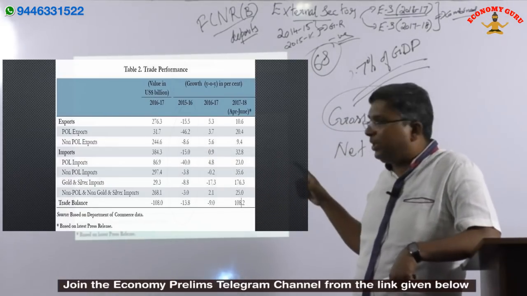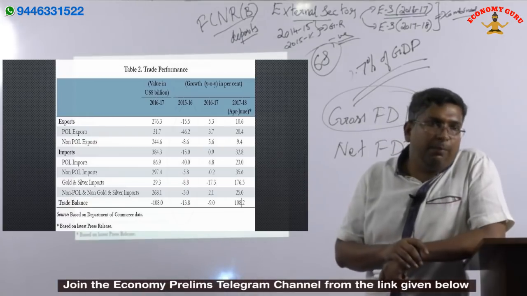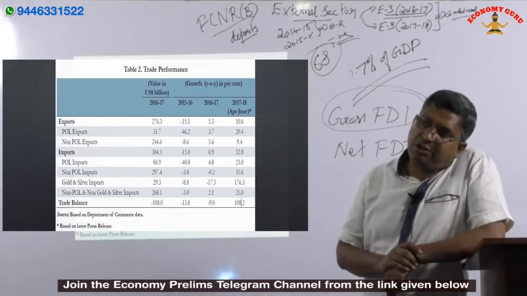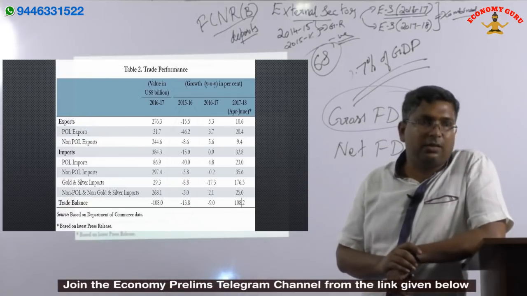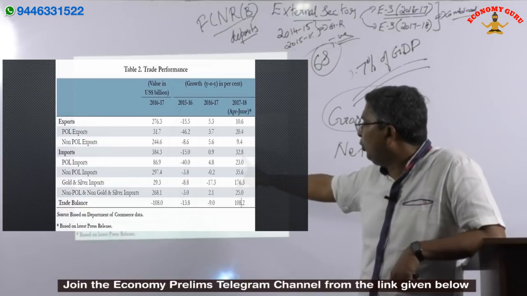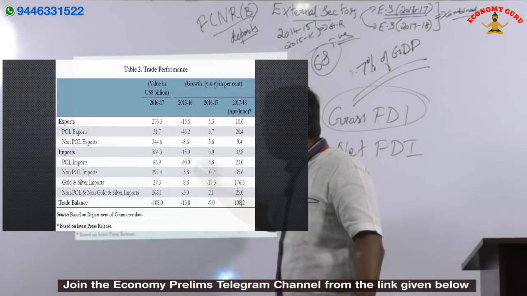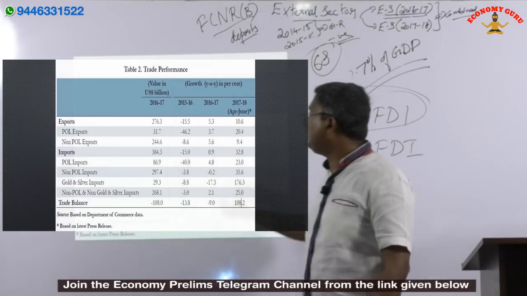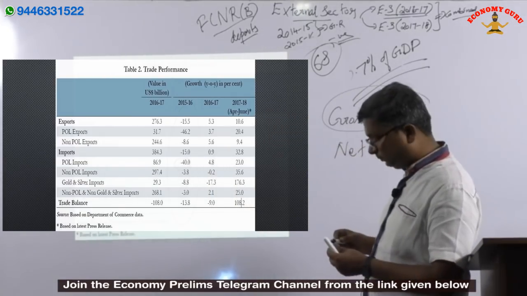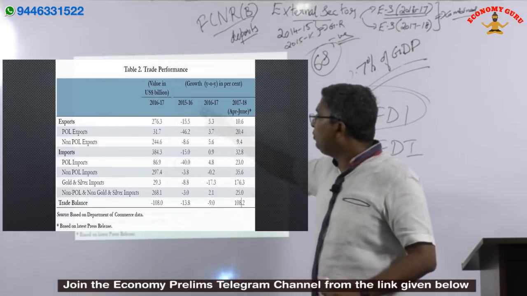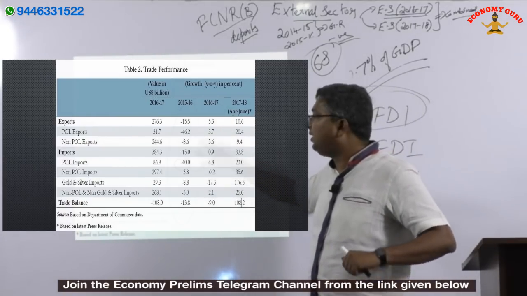Now if you see this, we'll see the sector, okay. So petroleum is also a major export sector. If you look into the import, it's a very important component, okay. Out of this 384, see why I am showing this 1617 data.